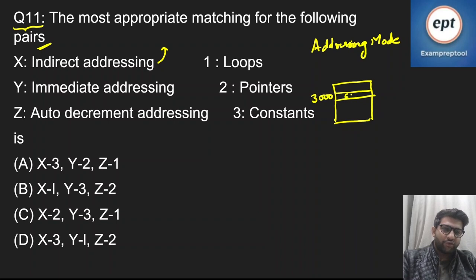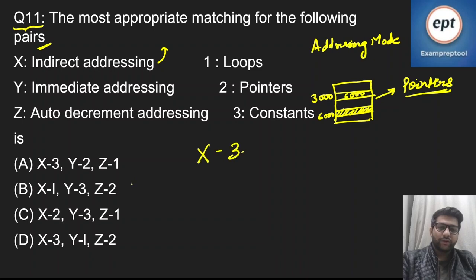This will store another memory location value, and that particular memory location will store our operand. These types of addressing modes are used to implement pointers. I've already told you that indirect addressing mode is used to implement pointers. So x will be matched to 3.